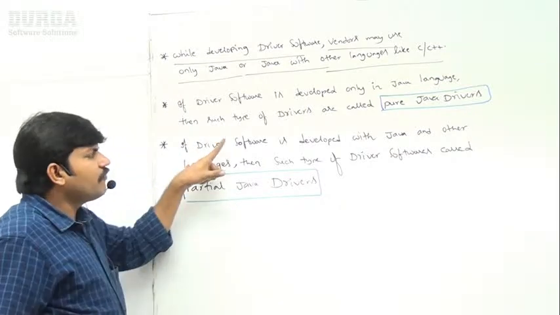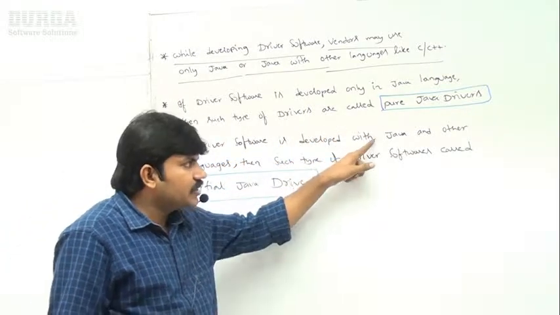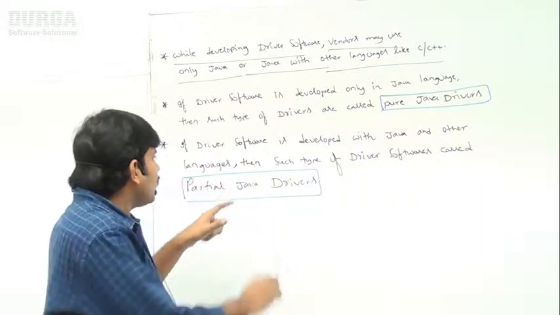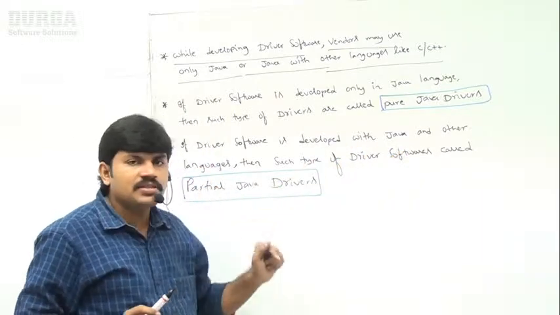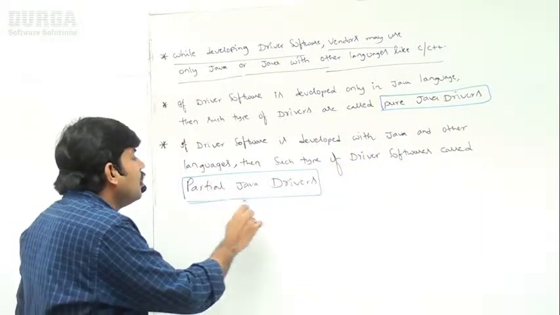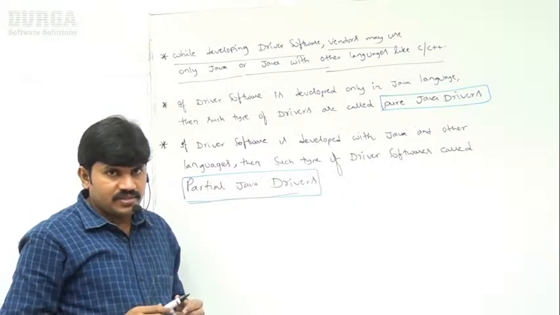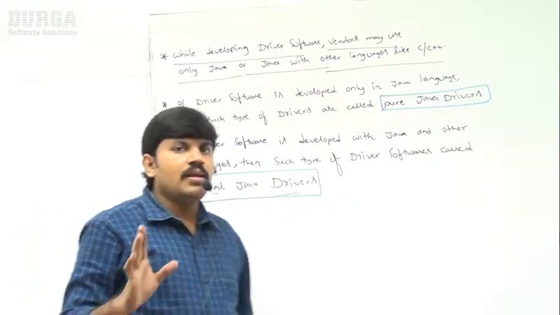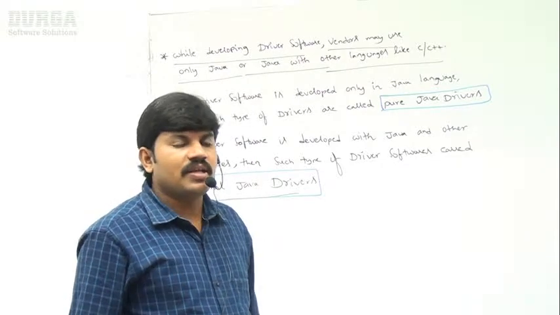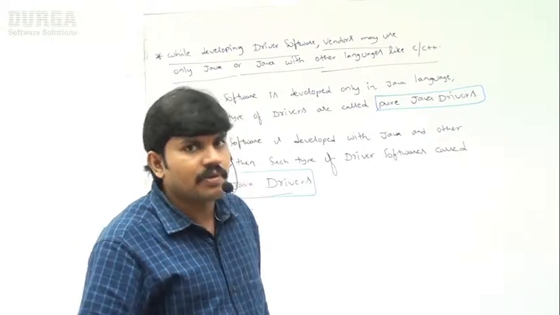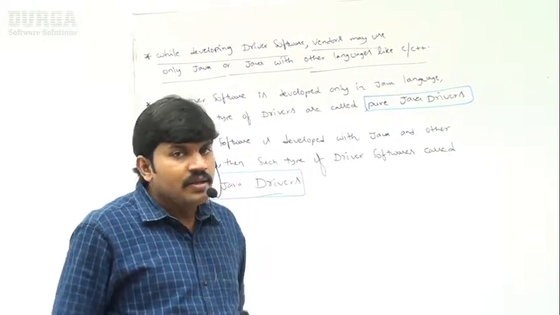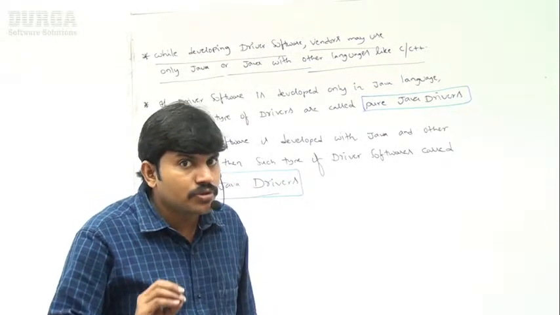Next, if a driver software is developed with Java and other languages, then such type of driver softwares are called partial Java drivers. So total how many types of drivers are there? It may be pure Java driver or partial Java driver, right? That's all. This is what you should be aware of.